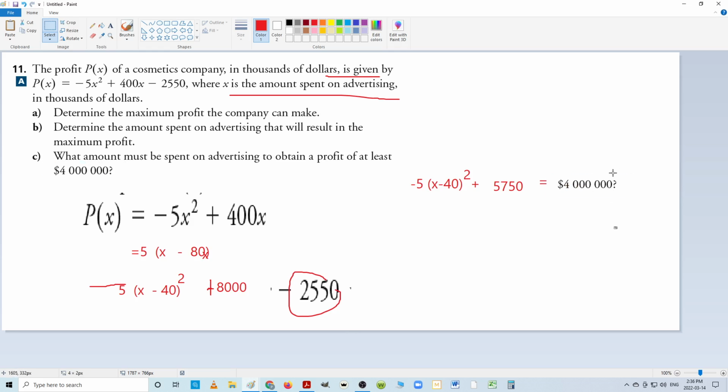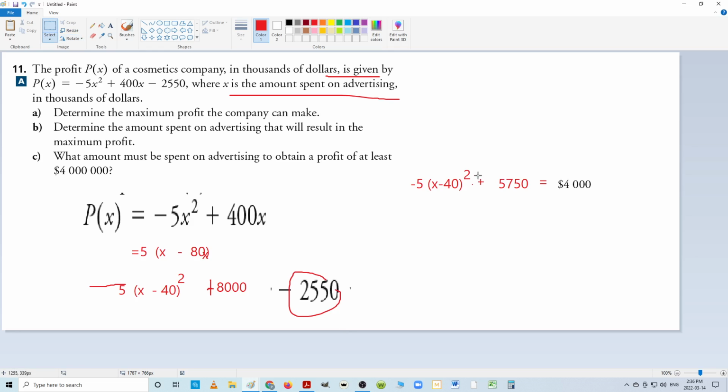And I have to solve it in reverse BEDMAS, which means first I have to subtract this. Now, keep in mind that the numbers are in thousands of dollars, so we have to actually divide by 1,000 to put it in terms, because all these are actually 5,750,000. So 4 million profit is what we're going for. So now I have to consider it as 4,000.